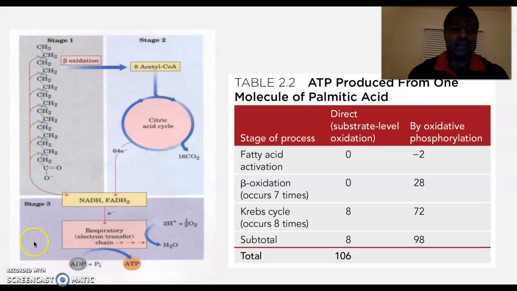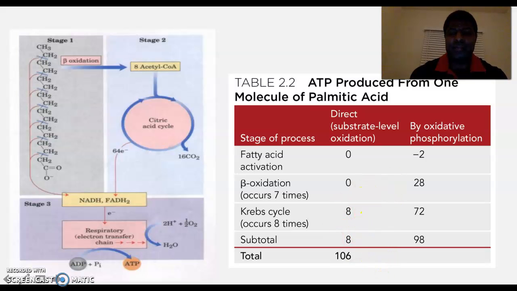So once again, in the Krebs cycle, acetyl-CoA will directly produce ATP. So there's 8 turns. That means there's 8 ATP formed as a result of going through the Krebs cycle.